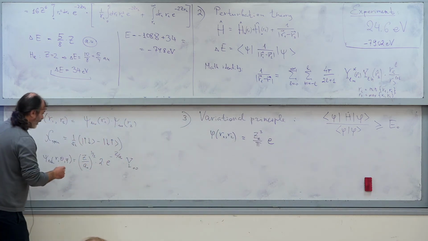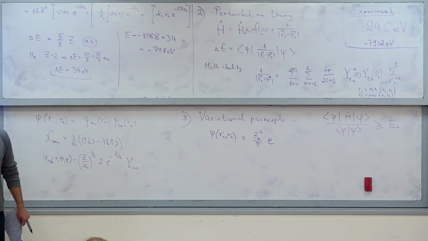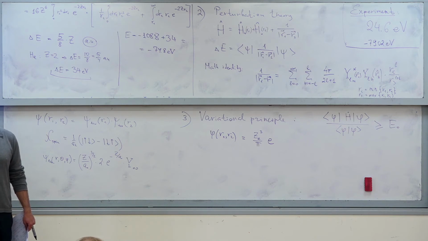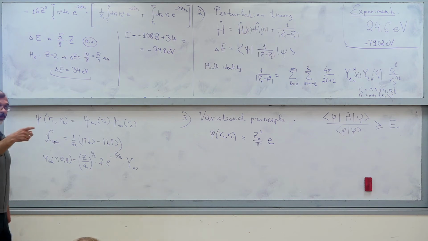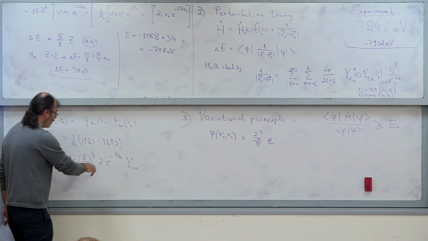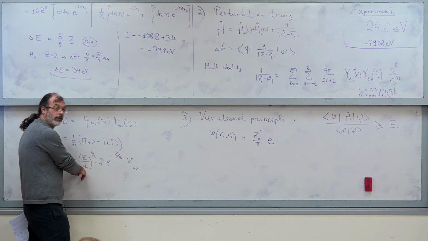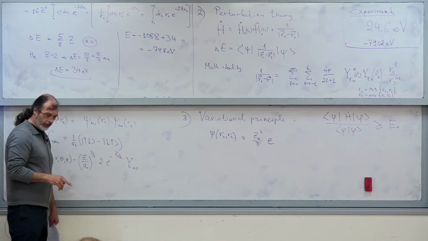So which parameter can I choose here? The simplest guesswork that you can make. You suggest to change a0, right?